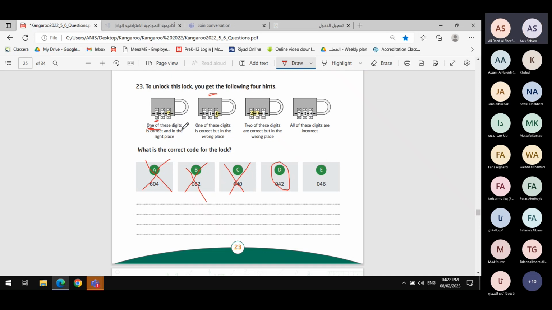So, which one? We don't have any. So simply nothing here is in the right place. So the only choice that didn't pass through the first condition is E. So directly we will say that our answer is D.